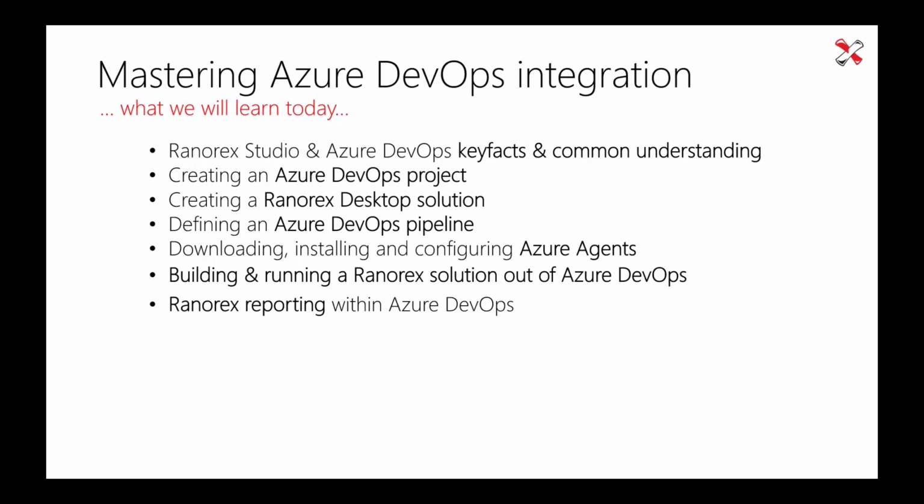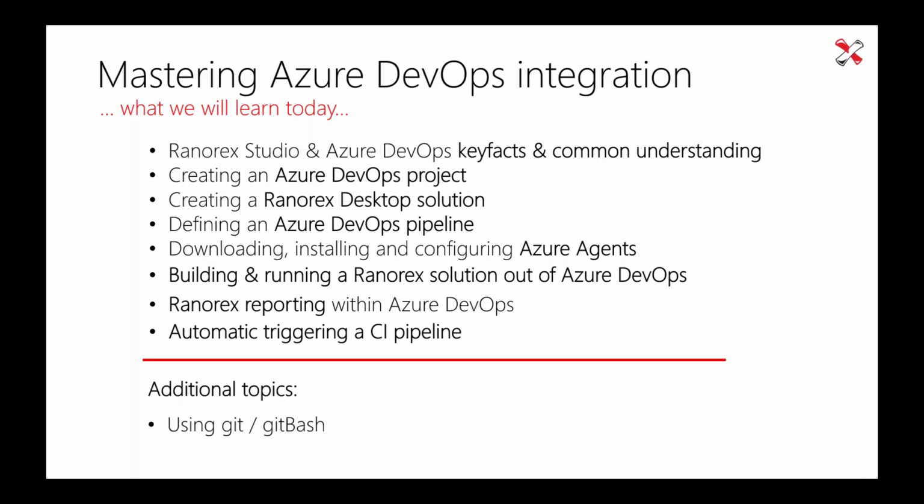And at the end, we will have a closer look at the Ranorex reporting within Azure DevOps. And I will show you how to automatically trigger a CI pipeline within Azure DevOps so that every change in your Ranorex solution automatically triggers a new CI pipeline run.